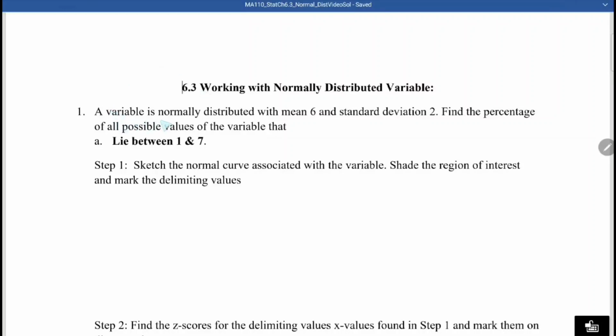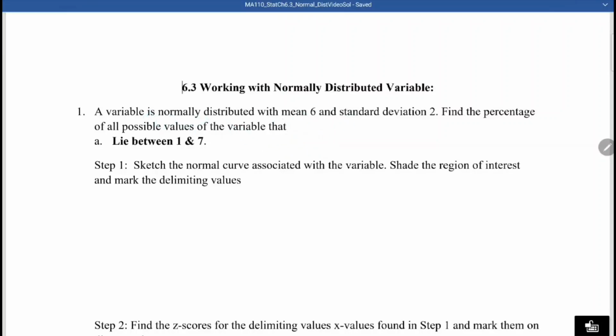So it says here a variable is normally distributed with mean 6 and standard deviation of 2. Find the percentage of all possible values of the variable that lie between 1 and 7. All right. So over here, let's just go through this explanation of the question first.